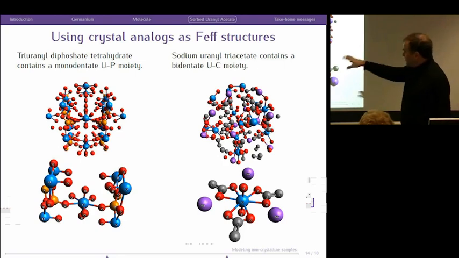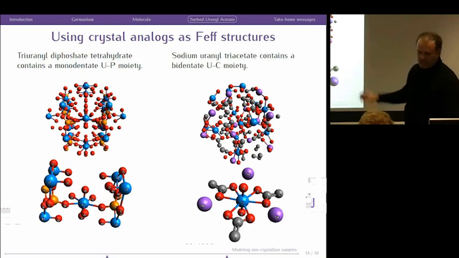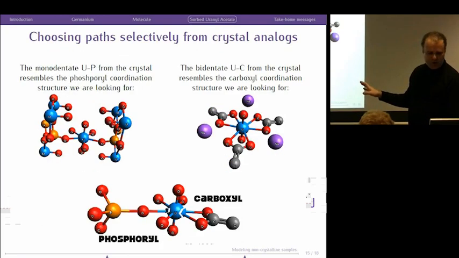Close enough meant it had little structural units that were similar to what she expected to find in her real sample.